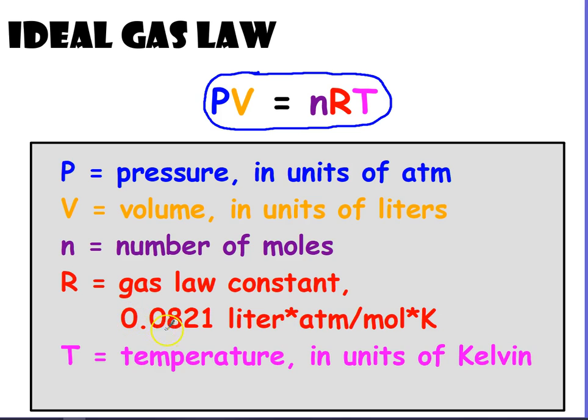The number is 0.0821 liters times ATM, atmospheres, divided by moles times Kelvin. And R doesn't change. That is going to be the same R all the time, so we're going to use this R with these units every single problem. Again, you don't have to memorize the units, but it's good to know how to use the units whenever you're calculating, because that's the big deal.